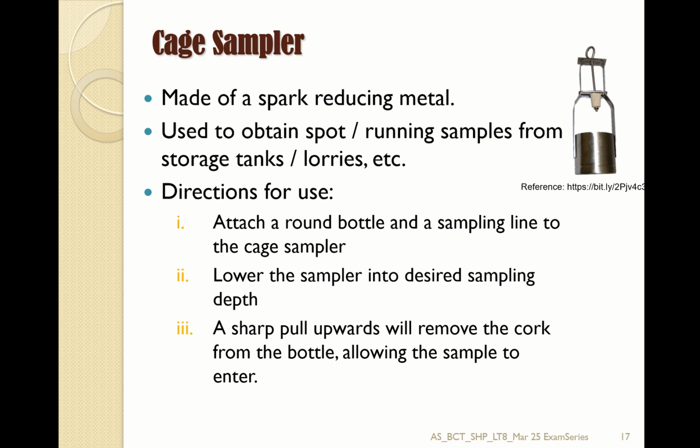Or if you want to do a running sample, then you slowly go all the way down, then you pull it up back again. If you want to take it at a certain height or depth, then you don't open the cover or the cork first until you reach the desired depth or level, then you pull. When you pull, the cork will be removed, and of course your sample will start to rush into the bottle or container.